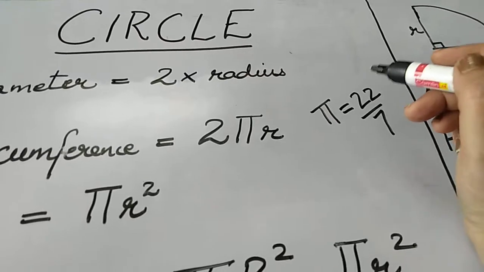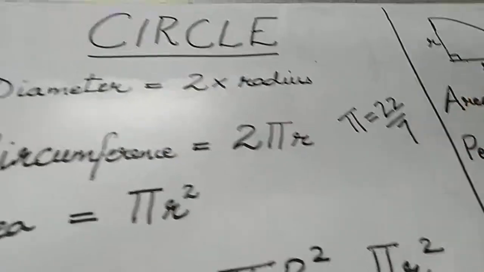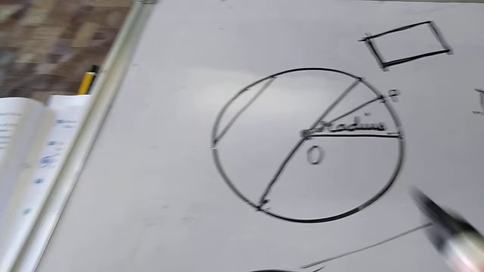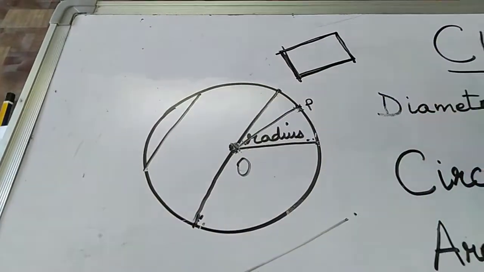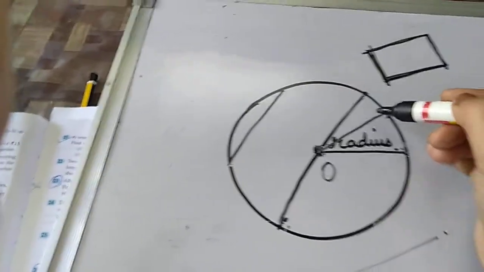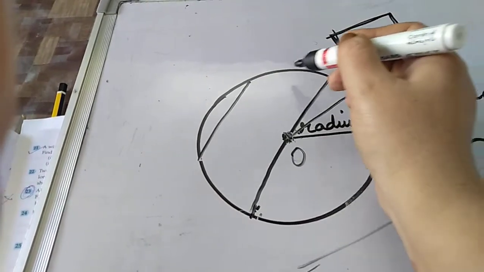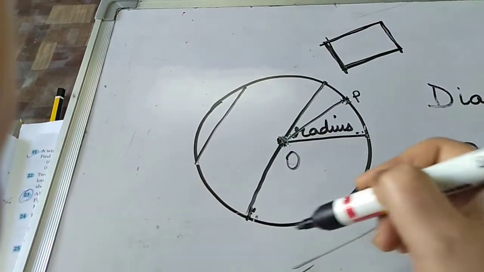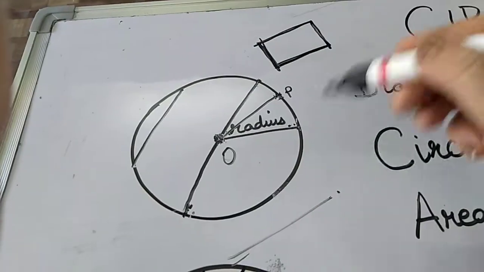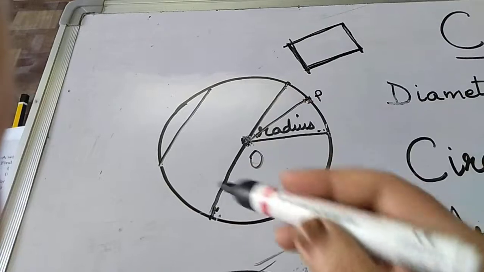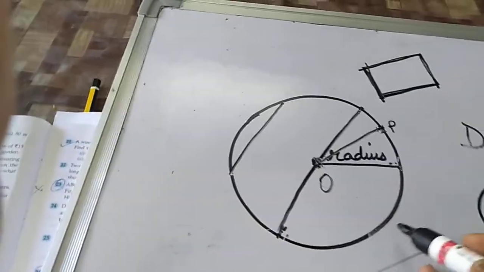Pi was a famous Greek mathematician, and he wanted to know this. He drew several circles of different radii, took a thread, and stuck the thread along the circumference of different circles, and then he compared the circumferences.